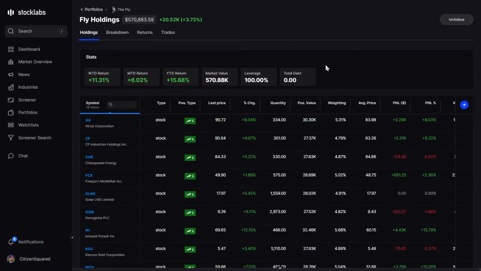Nasdaq is probably a little worse, and I think last week Fly put up like 18 something percent. So you're looking at like 30% up in the last 2 weeks. Kind of impressive. Probably not something you're duplicating sitting at home.